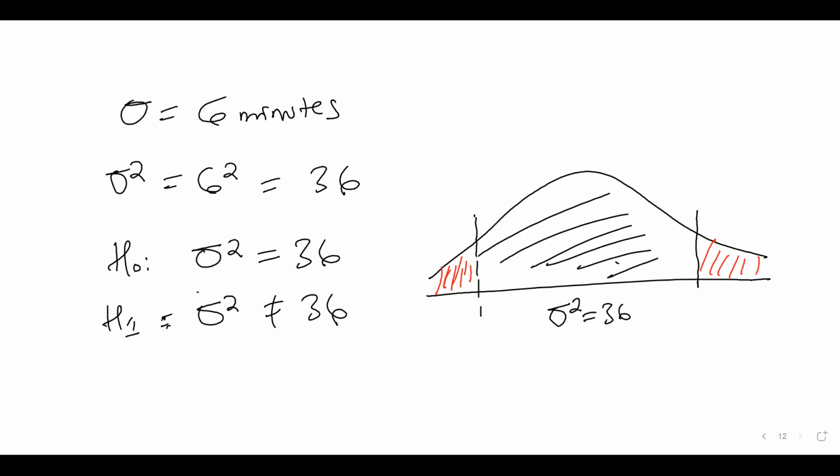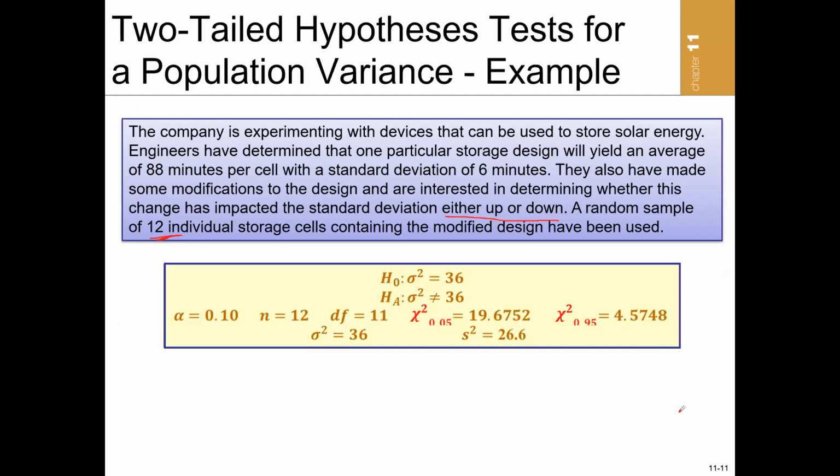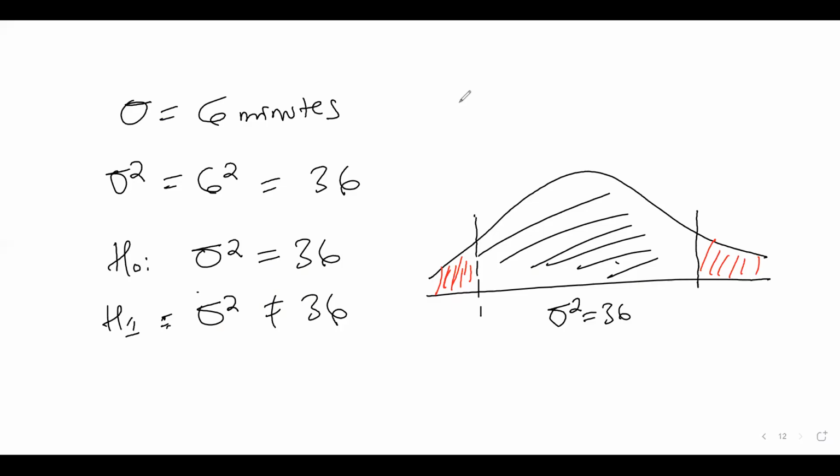Okay. Now, let's look for the degree of freedom as well as the level of significance. So here it says alpha is 0.1. Let's watch it carefully.